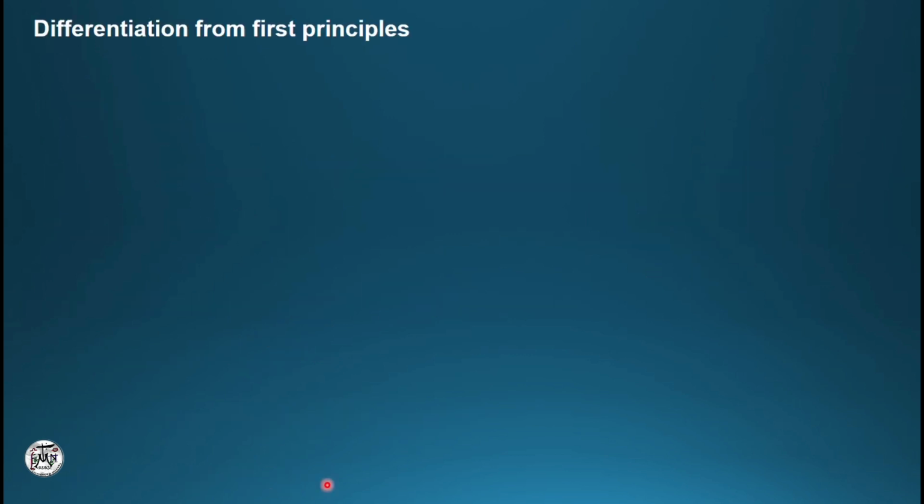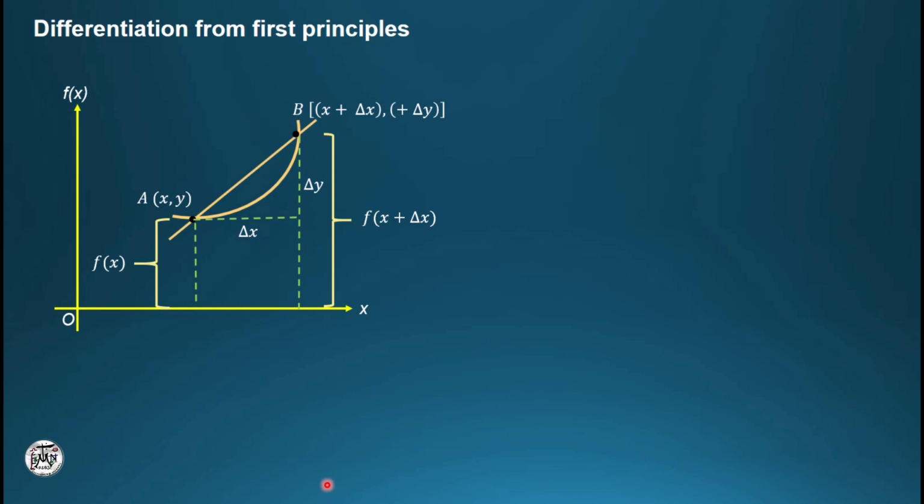Next, differentiation from first principles. Now we also use this graph. We assume point E has coordinates x and y. Another point, point B, is x plus delta x and y plus delta y.